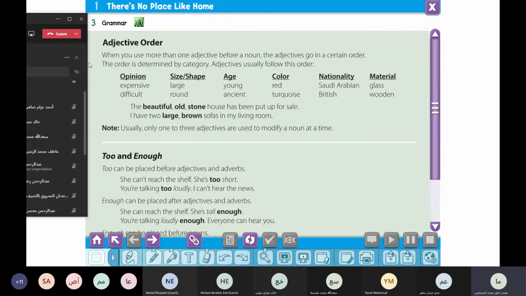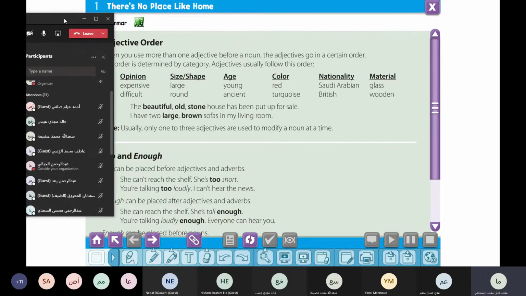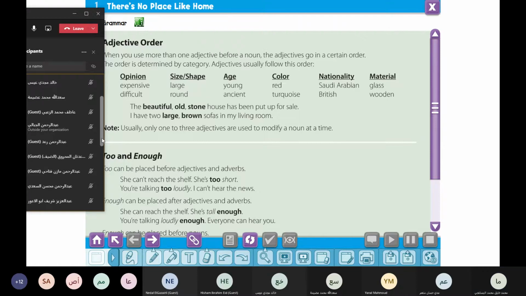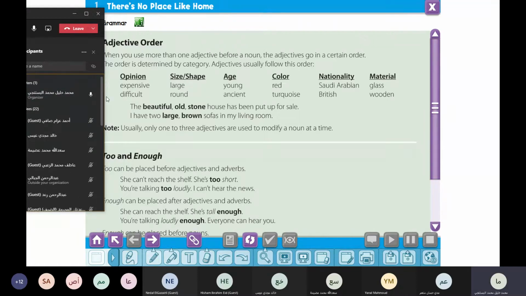Look at the examples. Who can read the first example here?